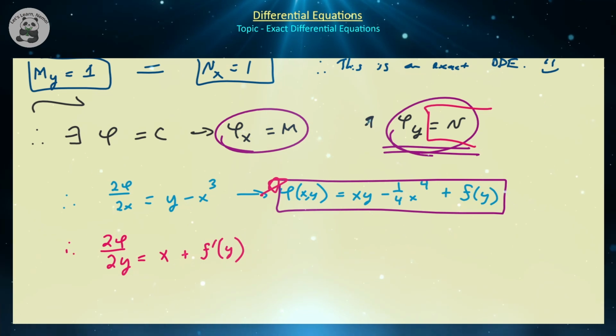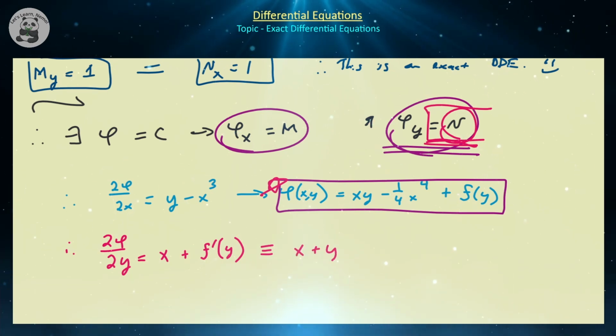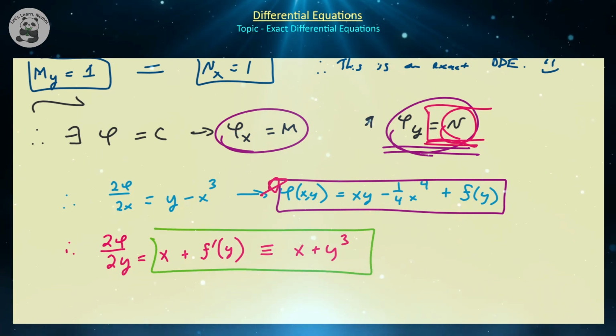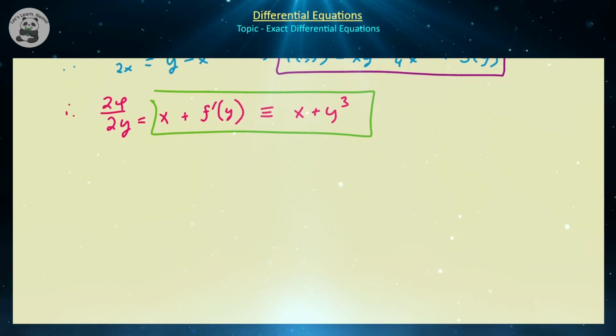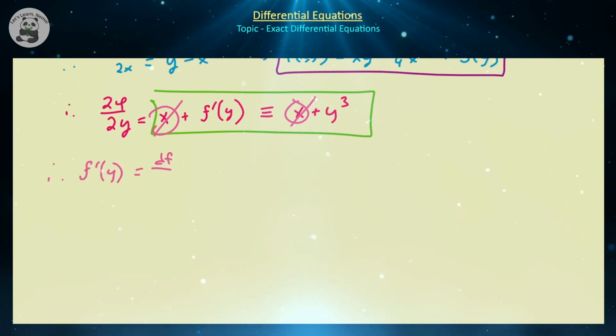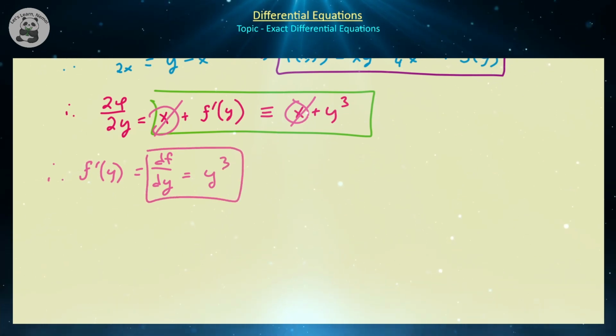Now, keep in mind from the criteria of our function phi, that is also equal to N, right? And N, keep in mind, was equal to x plus y cubed. And we have this particular relation that should allow us to see what our f prime of y is equal to. Notice that these x's do cancel, and we have that f prime of y, which keep in mind is the total derivative of f with respect to y, is equal to y cubed.